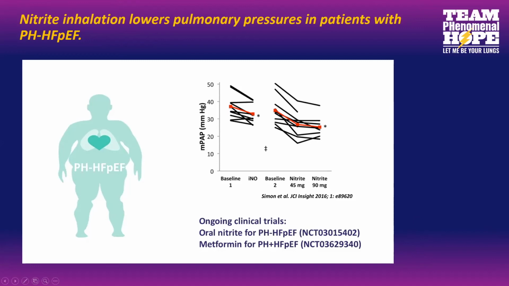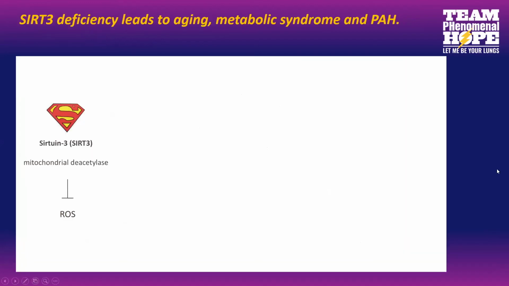So this is an example, and now I'm going to go deeper a little bit to show you the mechanism part. So basically, throughout the years of study, we try to understand what is the target or what can be a potential regulator in this PH-HFpEF.